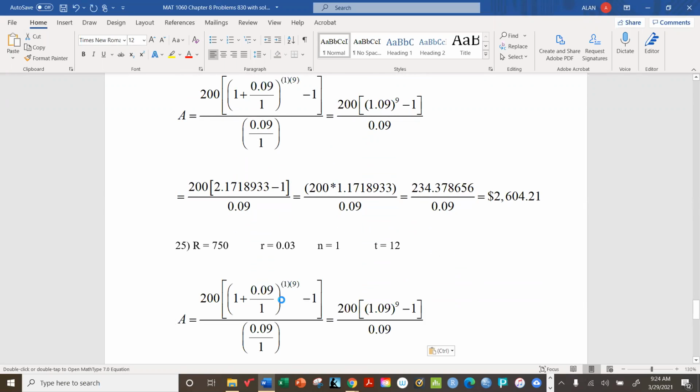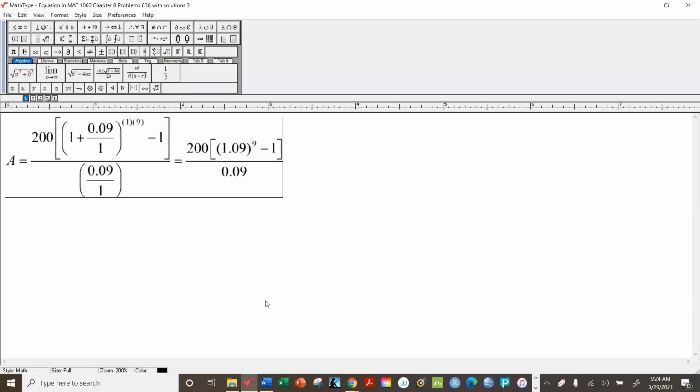All right, so of course the first thing is to plug in everything correctly, then we will simplify. So we've got 750, and we have 3%. The compounding frequency is still 1, but this is 12 years.